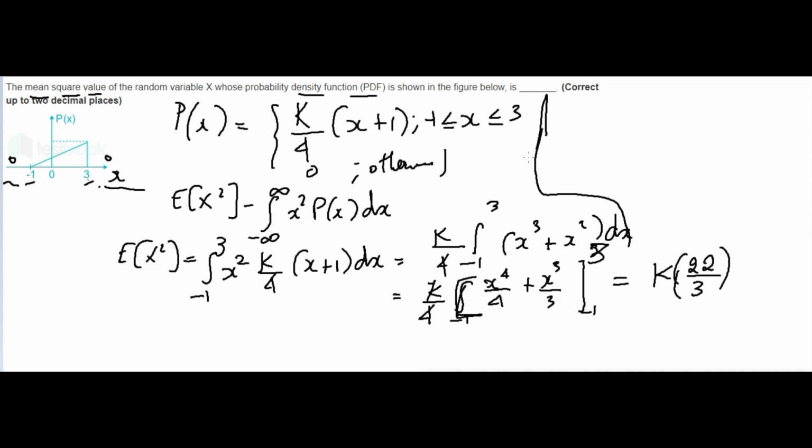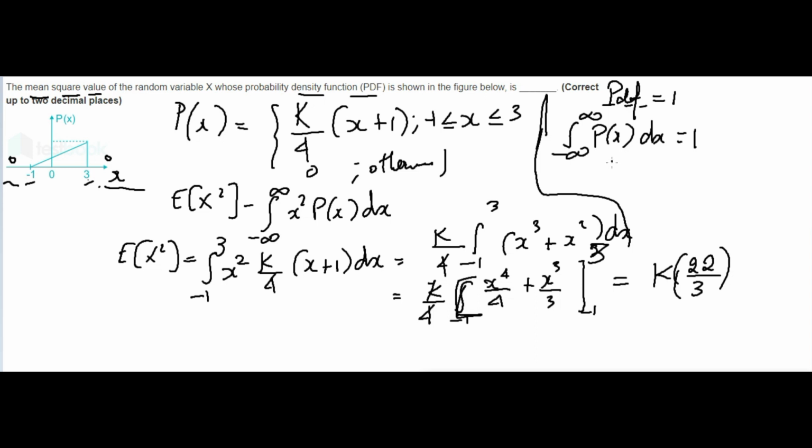You know that the PDF, probability density function, always integrates to 1: the integral from minus infinity to infinity of p of x dx is equal to 1.